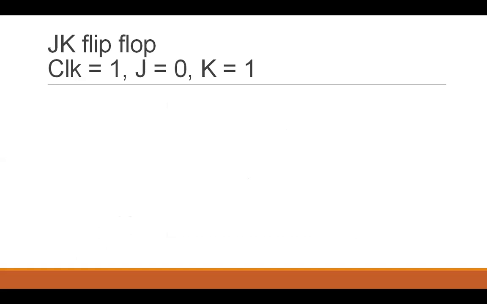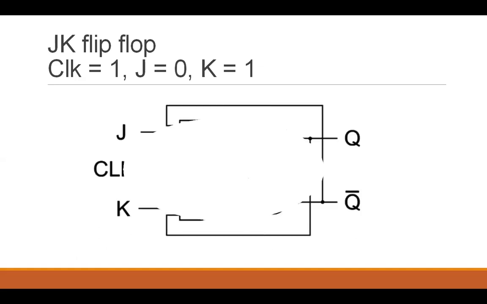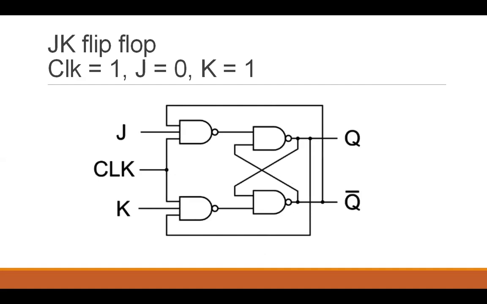Moving on, the next case is my clock is 1, J is 0, and K is 1. Using the same principle, I will just plot the values on my circuit diagram, and again I will start evaluating from the 0. This 0 into the NAND gate will give me 1. And clock and K, 1 and 1 is going to give me 0.